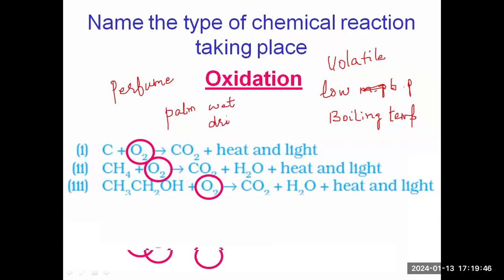After that it dries up because the perfume got vaporized, and it was so quick, just because the boiling point was low, so it actually boiled off from your palm. So we call perfume highly volatile. It will not happen with water. If you have water on your palm, it will not vaporize that quickly, right? So volatile substances are the ones which have a low boiling point. I hope I have answered your question.